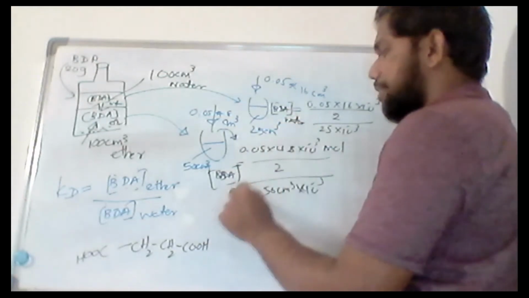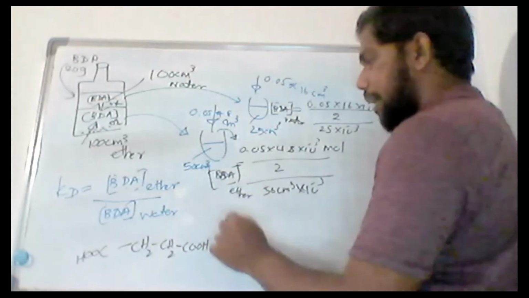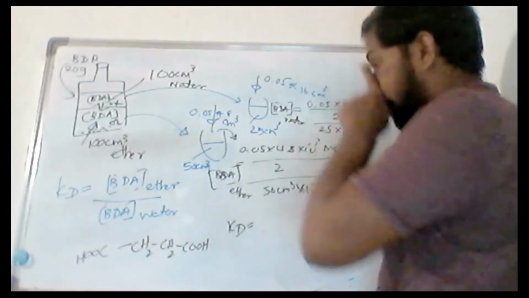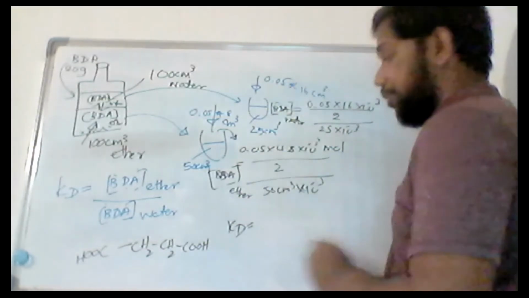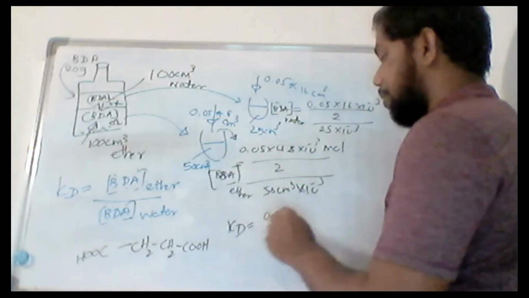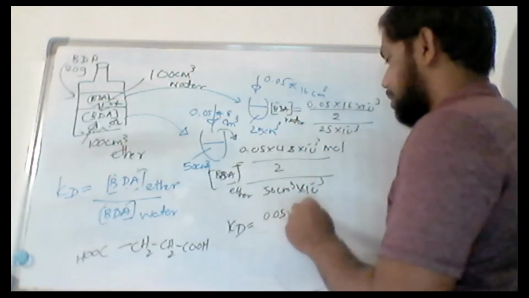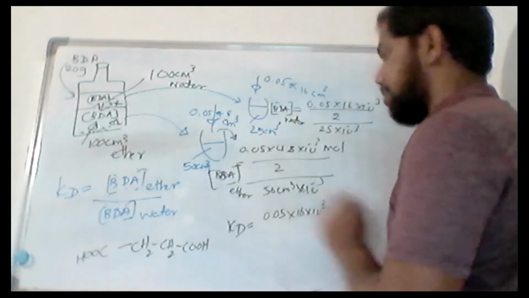and BDA concentration in ether. So my Kd is going to be, first show the calculation and show the concentration. So this would be 0.05, 16 into 10 to the power minus 3.